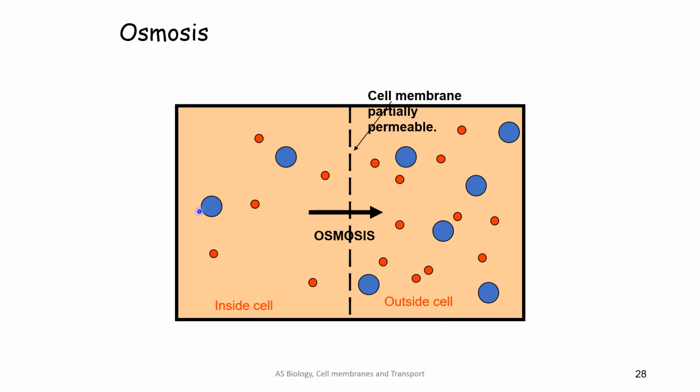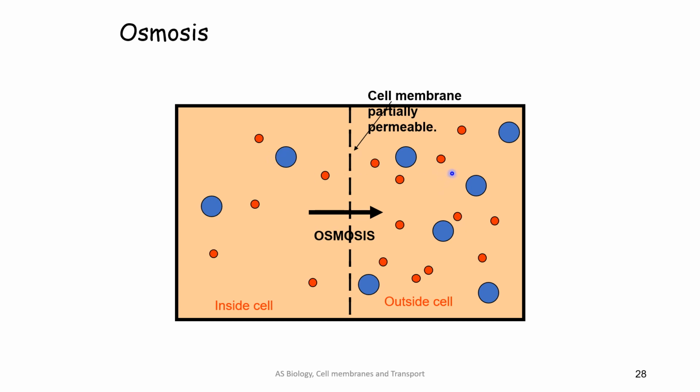As you can see on the inside, we have two large sugar molecules and 5 small water molecules. So that then creates an equal environment. It creates equilibrium with this side of the membrane.